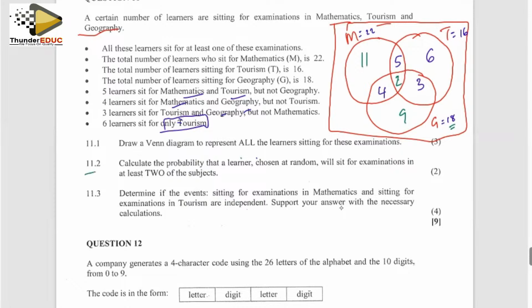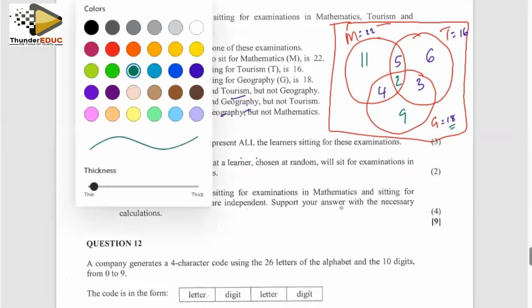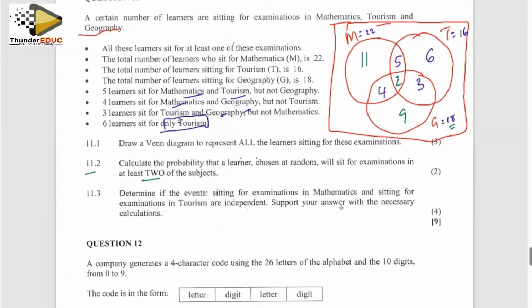Then 11.2, calculate the probability that a learner chosen at random will sit for at least 2. So at least 2 simply means they can be 2 subjects or 3. Minimum is 2. So we have this area, this area, that area, and even the intersection of the 3.